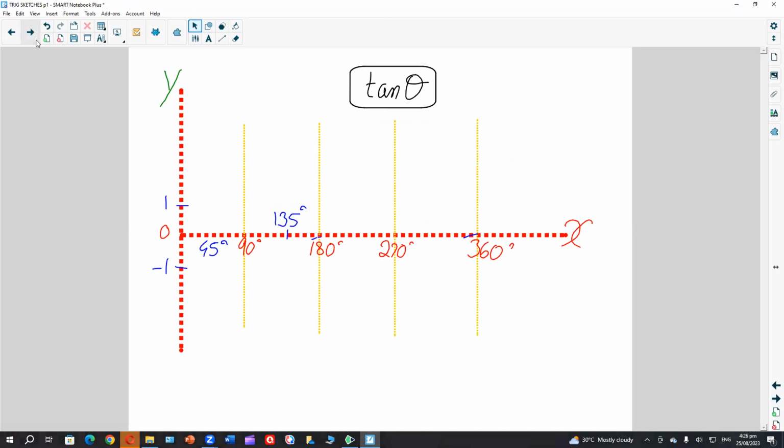Now, tan theta is the most tricky sketch in our trigonometric sketches. This is tan theta. The vertical yellow dotted lines are called the supporting grid lines. Normally in the actual paper, I have shared with you the file from Papa Cambridge.